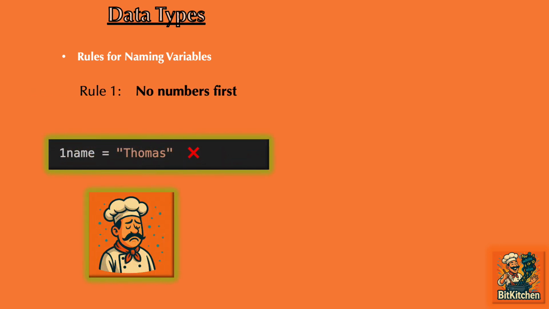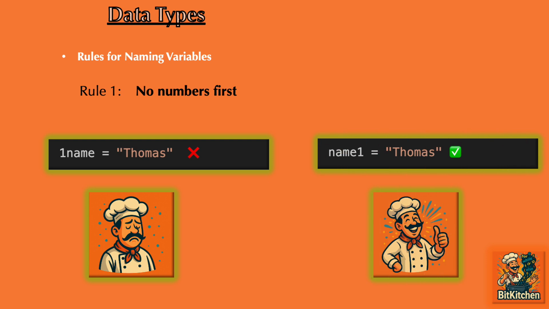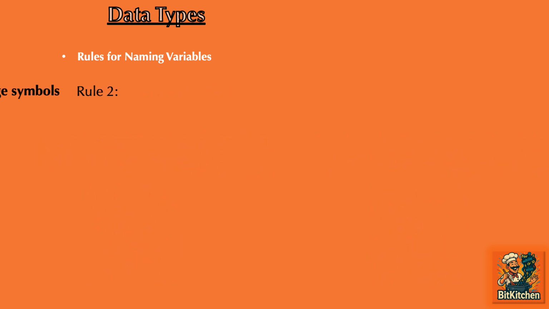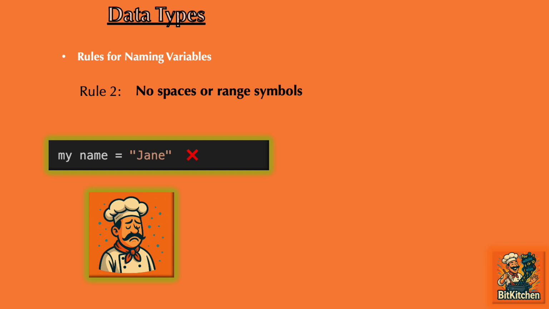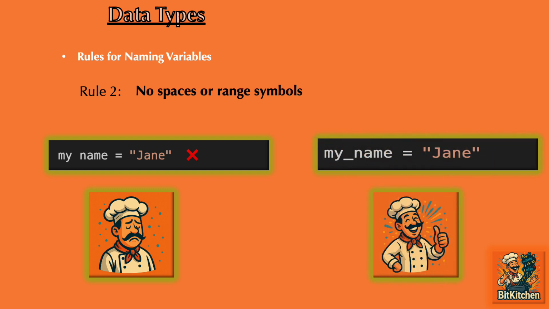But in every kitchen, there are rules, and variables have a few too. Rule 1, never start with a number. 1name is wrong. name1 works fine. Rule 2, no spaces or symbols. "my name" with a space won't work. Try my_name with an underscore instead.